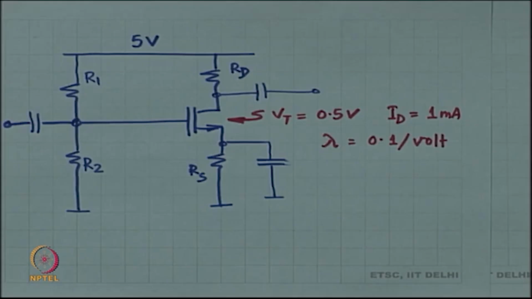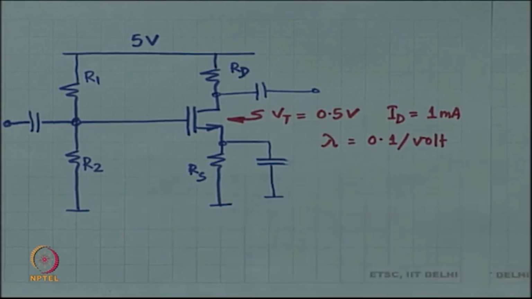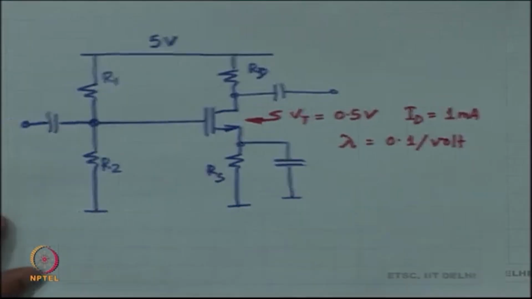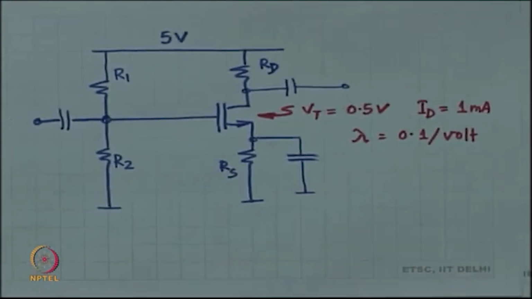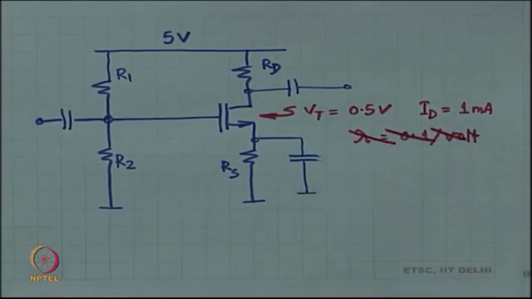So, if you know K, then all of this is sufficient to give you information about GM. Okay. But which is the piece of information that gives you RDS or GDS? It is going to be lambda. Lambda will tell you a little bit about the value of RDS. So, with the help of lambda you can find out RDS. Okay. Let us forget lambda for now. Let us say RDS is infinite for this particular MOSFET.